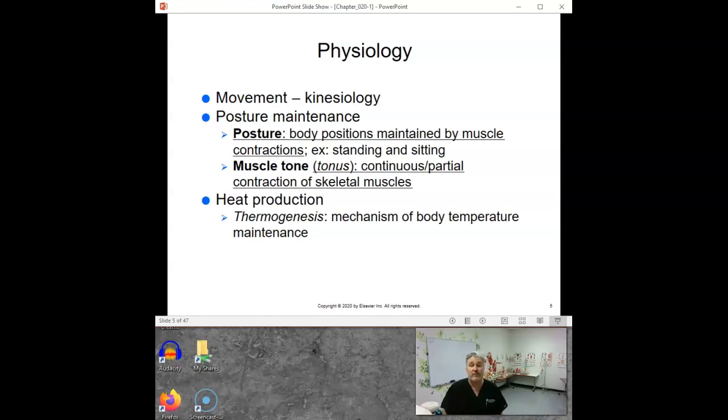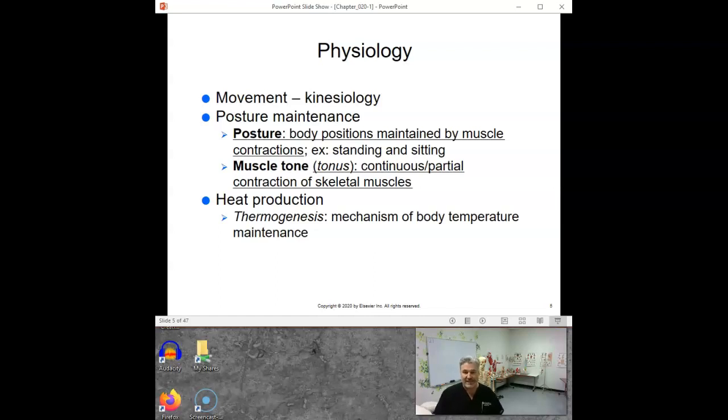Now, by the way, their problem might be lack of movement, but that's still a problem with movement. You know, they come in and they go, I can't turn my neck. Like, that's a problem with movement. So we are studying kinesiology so we can get better at facilitating movement in our clients. I guess that's what I want to say.